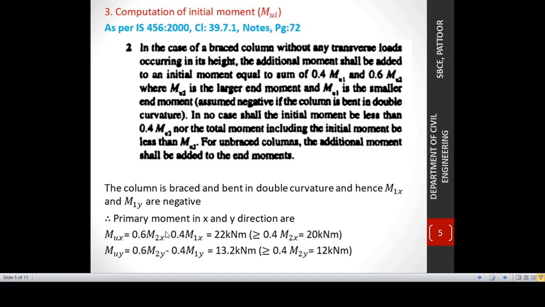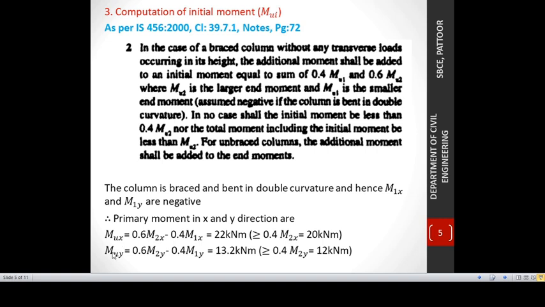Minus is taken since it is having a double curvature. So Mux is obtained as 22. In this clause it is also mentioned that Mux should not be less than 0.4 M2x, which is equal to 20. That is a check, and it is satisfactory in our case.